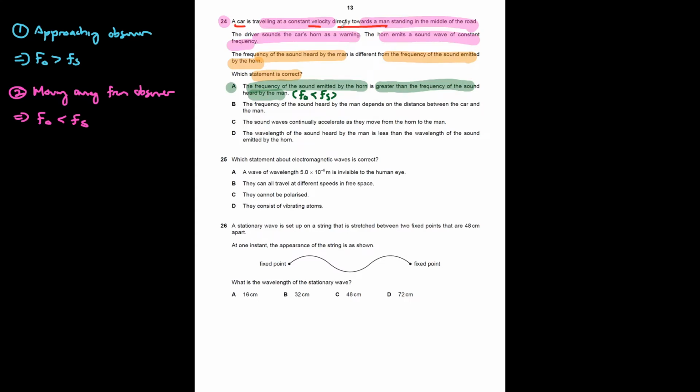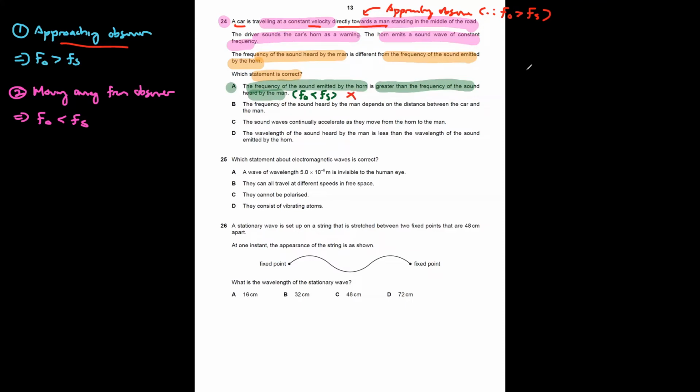This is approaching the observer. So observed frequency must be more than source frequency. So A is definitely out. It cannot be less. It must be more.